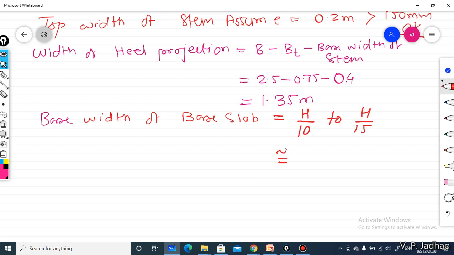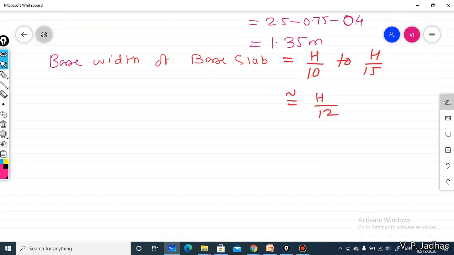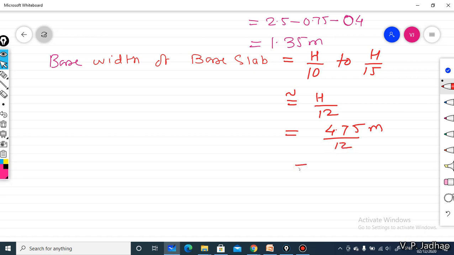Let us take a value of h by 12. We have h equal to 4.75 meter divided by 12. So the thickness of the base slab comes out to be 0.395 meter, approximately we will take this value as 0.4 meter.